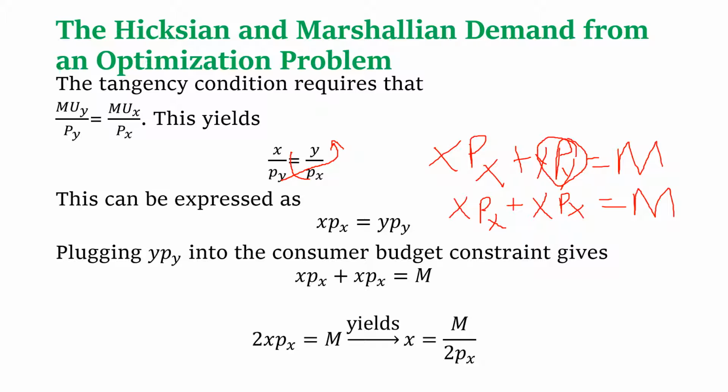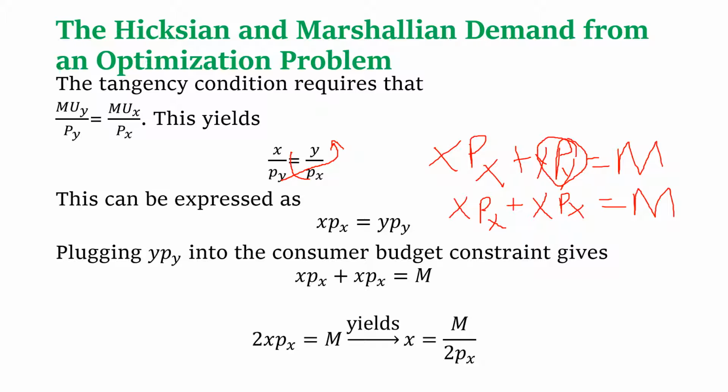So that's how we got this xpx, xpx. Now some of you are going to ask, oh, where is the ypy? Well, it is gone. We don't have any ypy there anymore because we have substituted for ypy into that budget equation. So that one disappears. It is not magic.